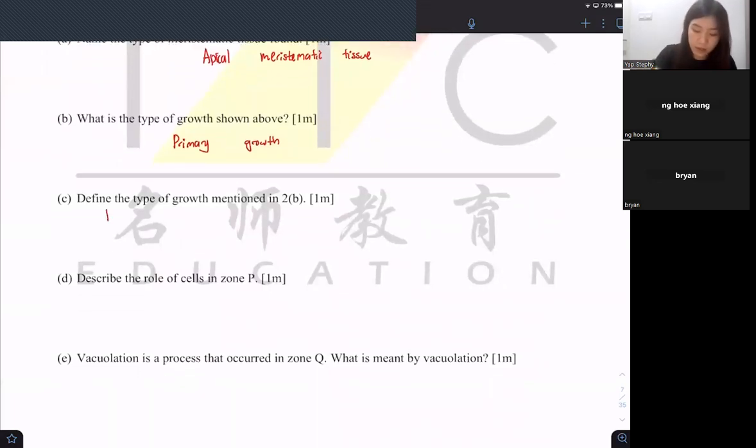So you can write out: primary growth is the growth that occurs after germination.